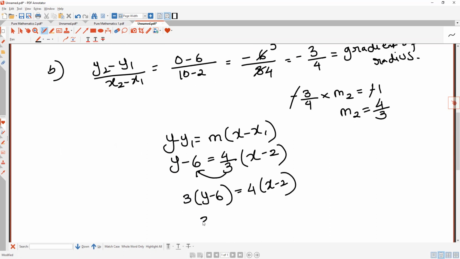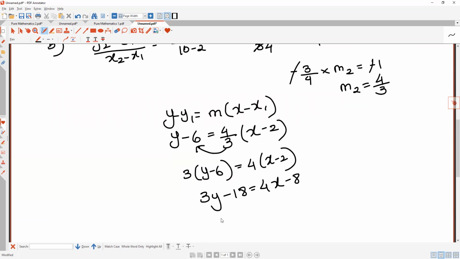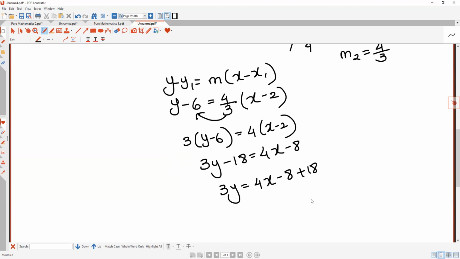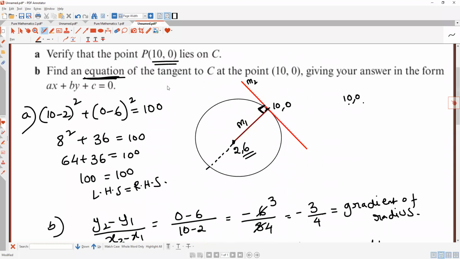Put this in your calculator. No, sorry, don't need to. 18, 4x minus 8. So 3y is equal to 4x minus 8 plus 18. What is it? Check. Minus 10 if I'm not wrong. No, plus 10. 3y is equal to 4x plus 10.